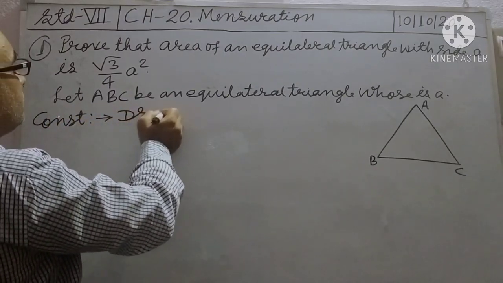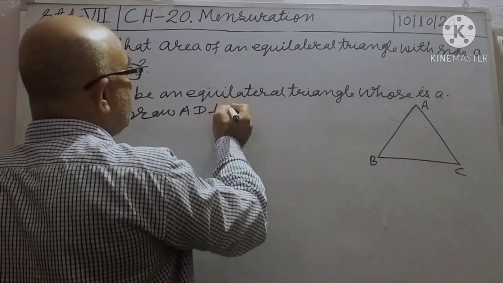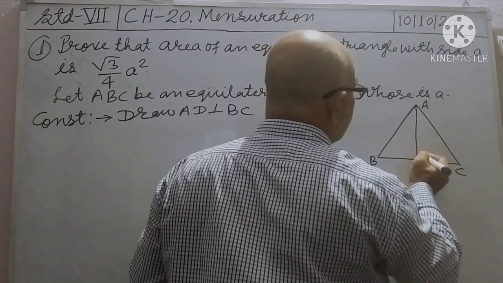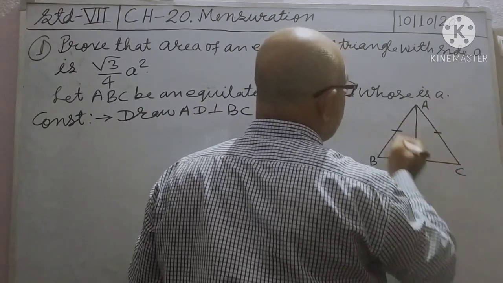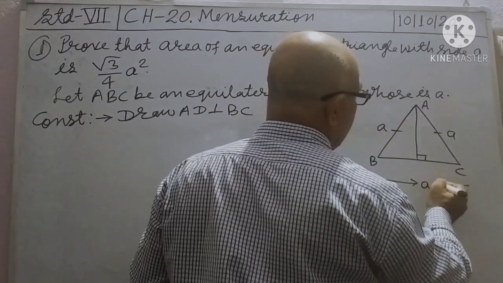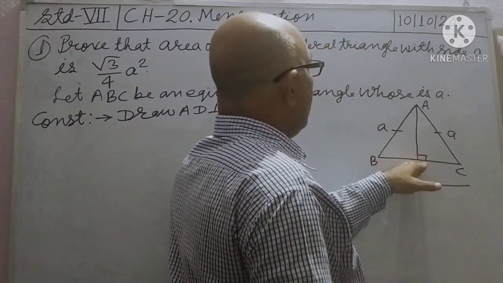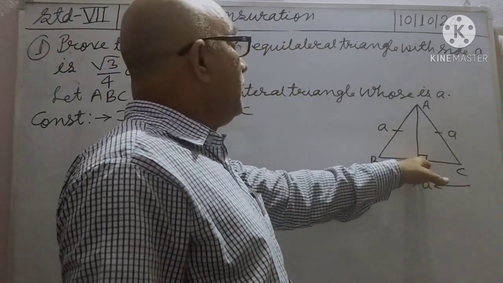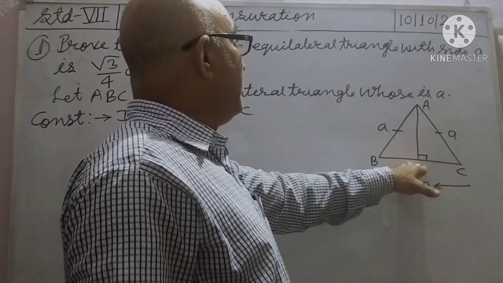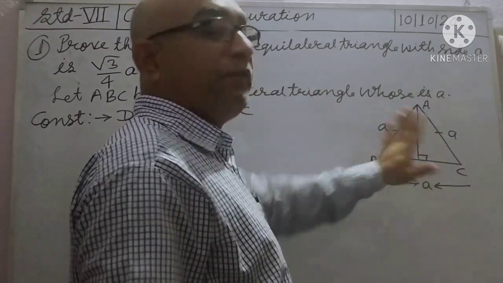Draw AD perpendicular BC. All sides are equal to a. We know that the altitude of an equilateral triangle and isosceles triangle from vertex bisects the base.